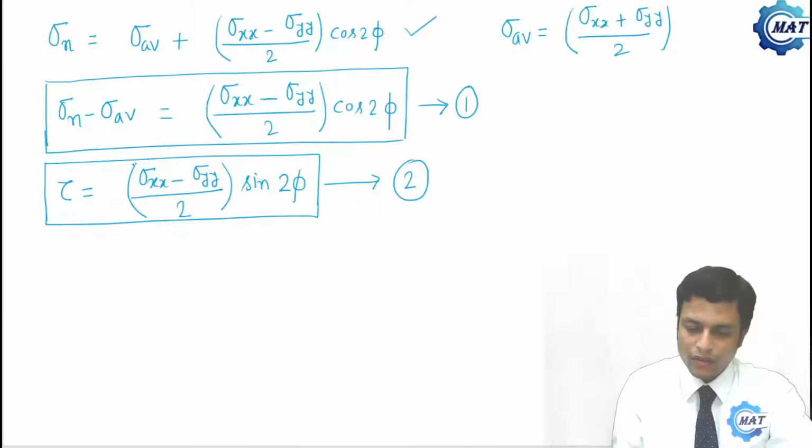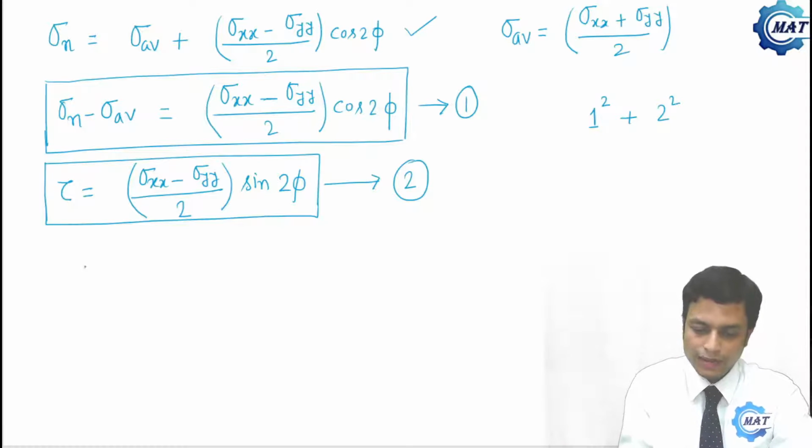So right now, if we square the left hand side and right hand side of both equations, that is square of equation 1 plus square of equation 2, then what will we get?